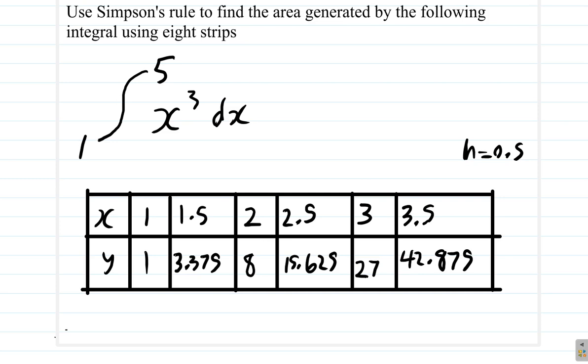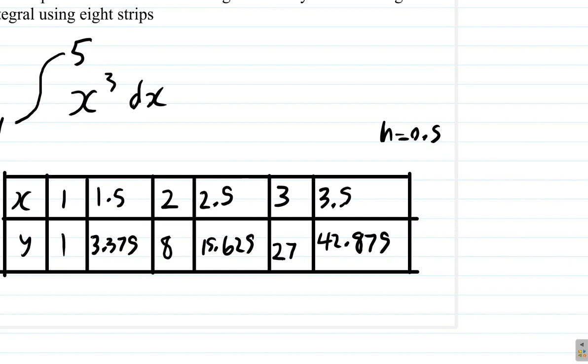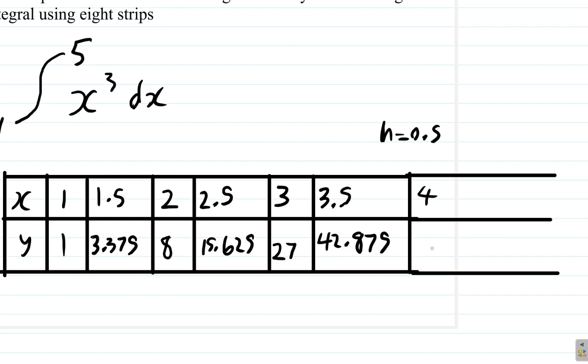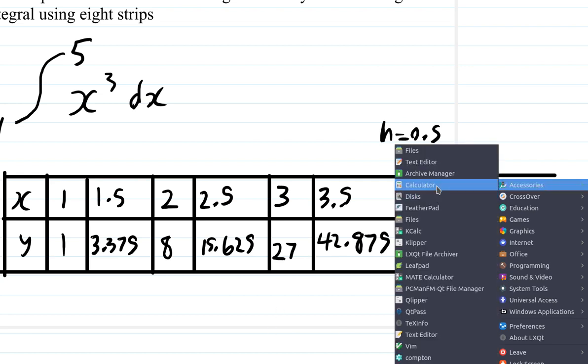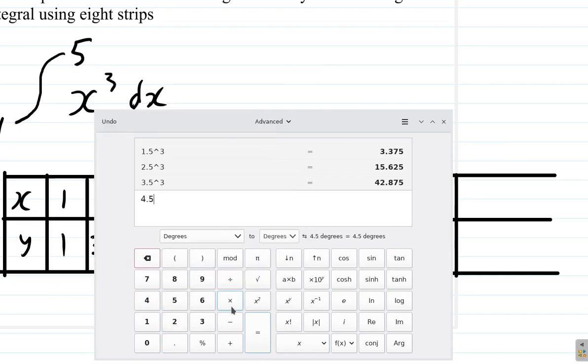Let's continue our table. I have to extend our table so we have more values. Then we have 4: 4 times 4 is 16, 16 times 4 is 64. Then 4.5. What is 4.5 cubed? 4.5 raised to the power of 3 equals 91.125.